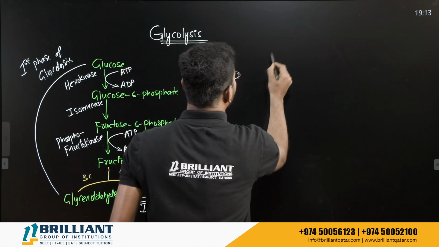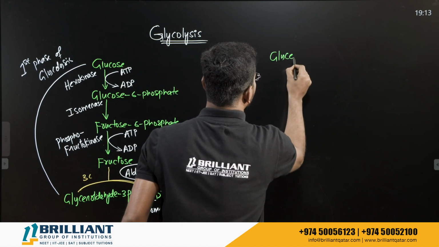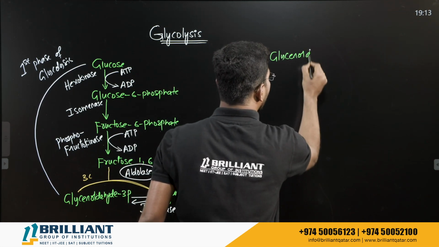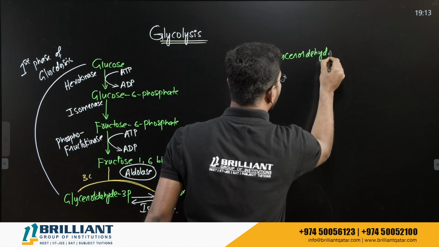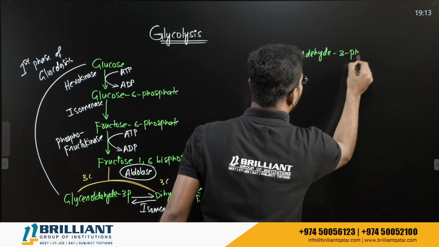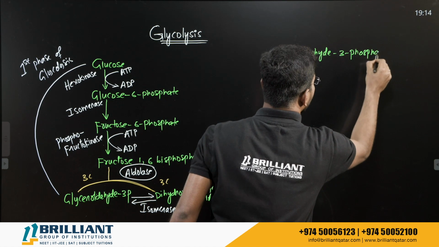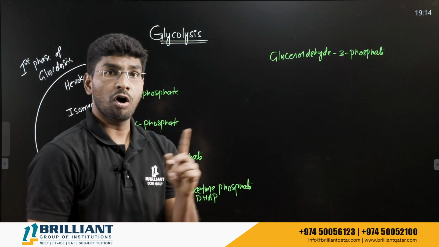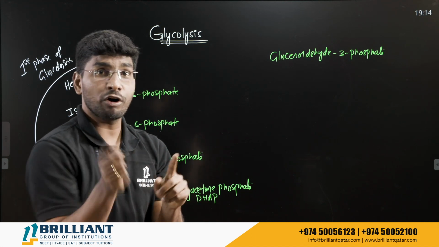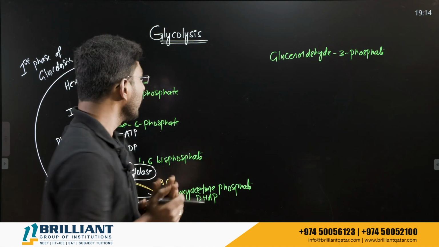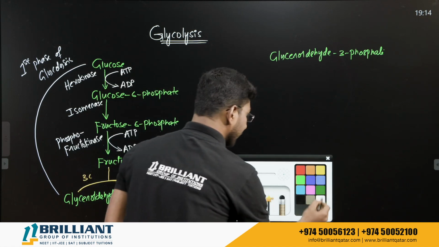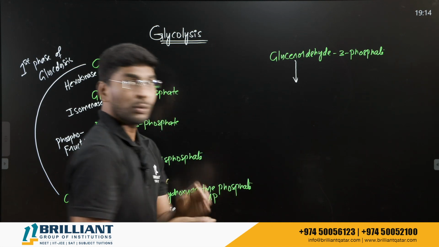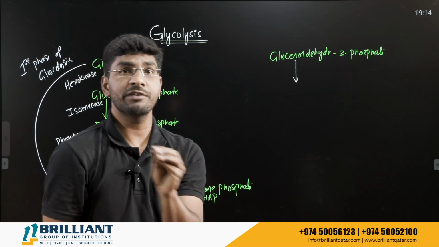Glyceraldehyde 3-phosphate. How many carbon compound? 3 carbon compound. Already 1 phosphate is there, on the third carbon. Now look at here. This glyceraldehyde 3-phosphate takes 1 inorganic phosphate from PO4.